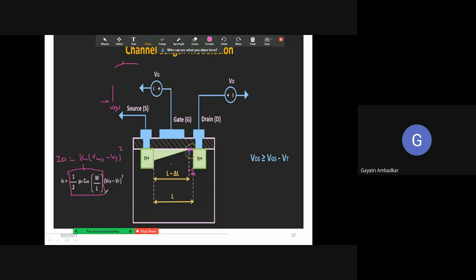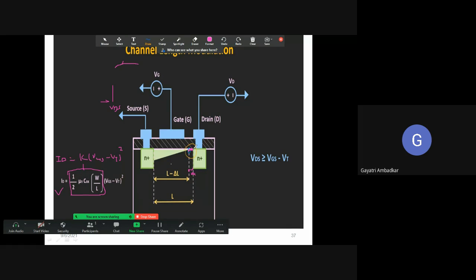This is true up to here. I have only written the value of K here. So this equation is true when the pinch off point is touching here.